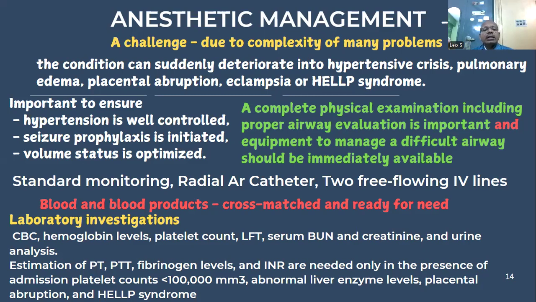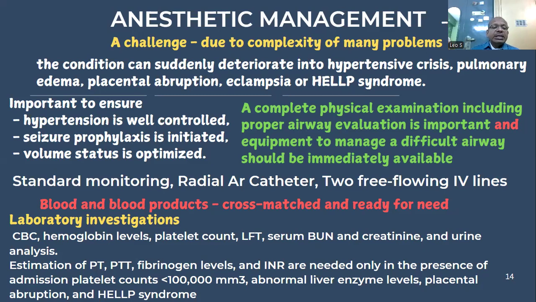Standard monitoring, radial artery catheter, two free flow IV lines are also very important. Blood and blood products with the cross matched should be kept ready for the immediate requirement. Laboratory investigations includes complete blood count, hemoglobin level, platelet count, LFT, serum urea creatinine, and urine analysis.